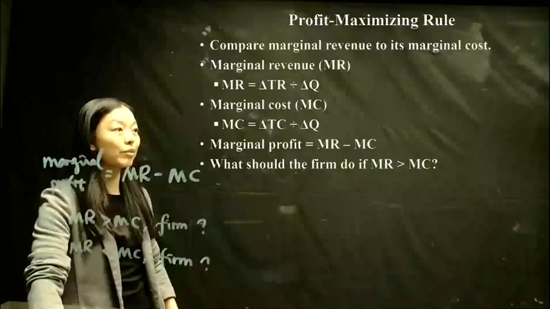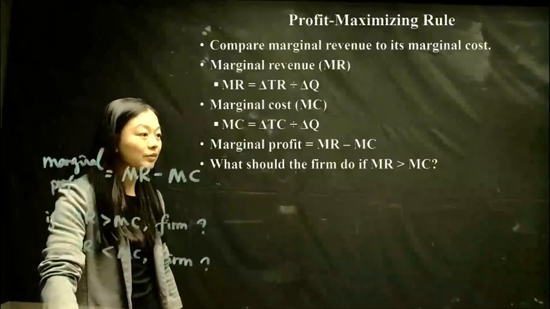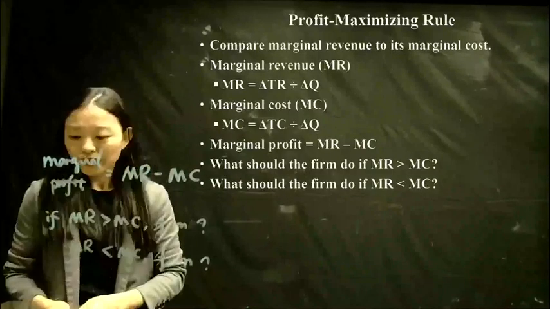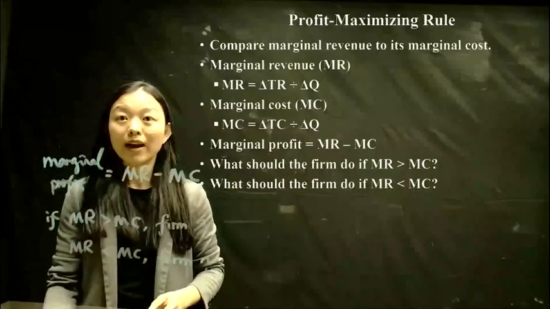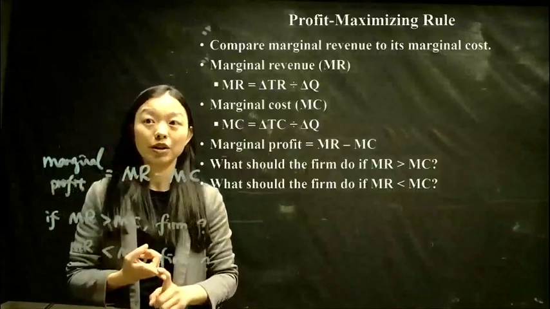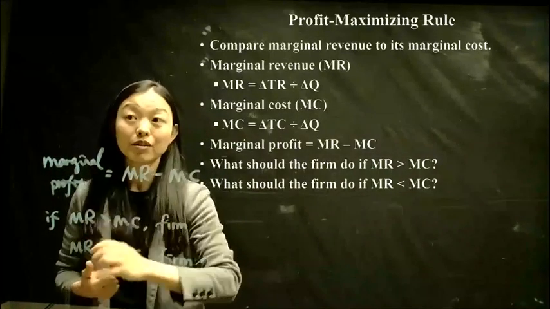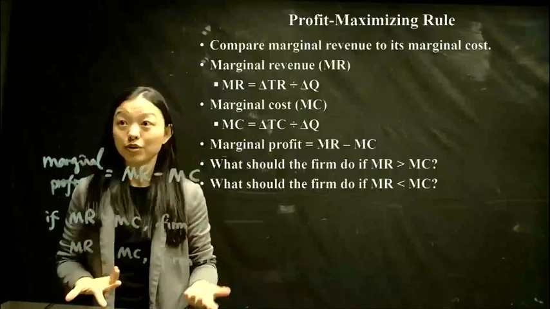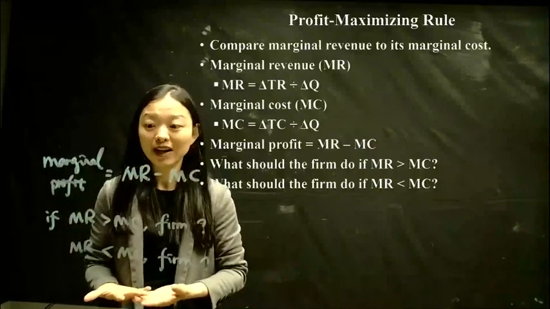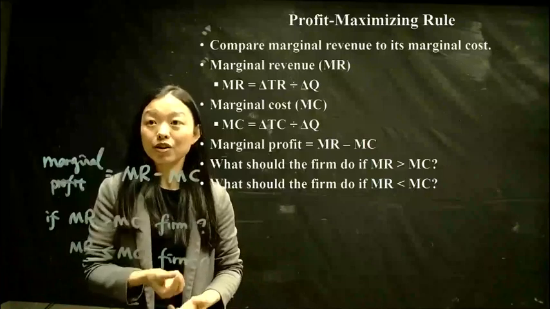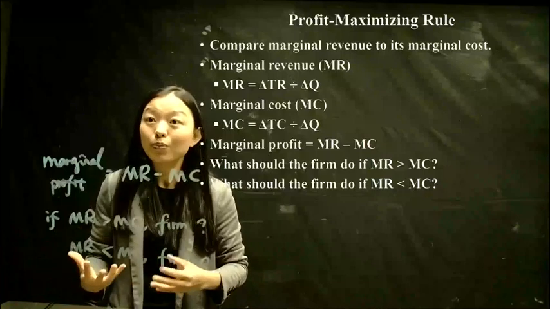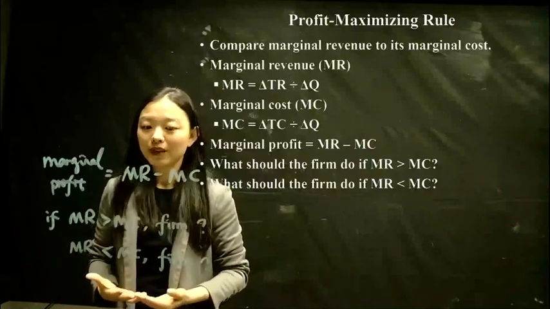That could be the question we might ask, okay? So you can think about if you would like to produce one additional output, and we have the marginal revenue larger than marginal cost. Should the firm produce? Of course, right? Because this additional output will bring us more profit, right?